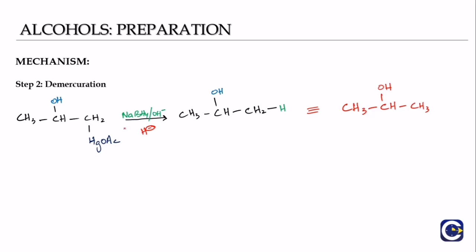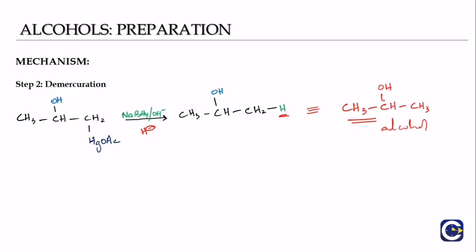This hydride attacks the carbon and removes the mercury from the mercurated product. As you can see, the green hydrogen comes from the borohydride, and the OH is from the water that we added in the oxymercuration step. Rewriting this product, we get the required alcohol.